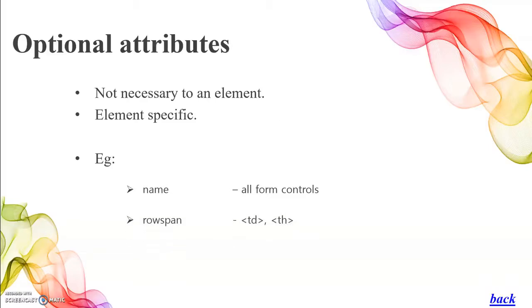Examples: name, rowspan. Rowspan is not compulsory to TD and TH. If we need merging of two rows or columns, we can use rowspan, colspan on TD and TH. Otherwise, it is not necessary.